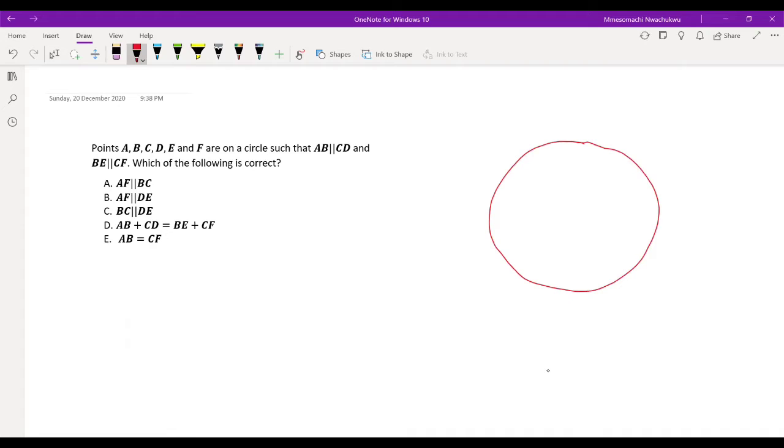Okay. So let's say we have AB parallel to CD and BE, so let's say this is BE, parallel to CF. So let me just swap this.